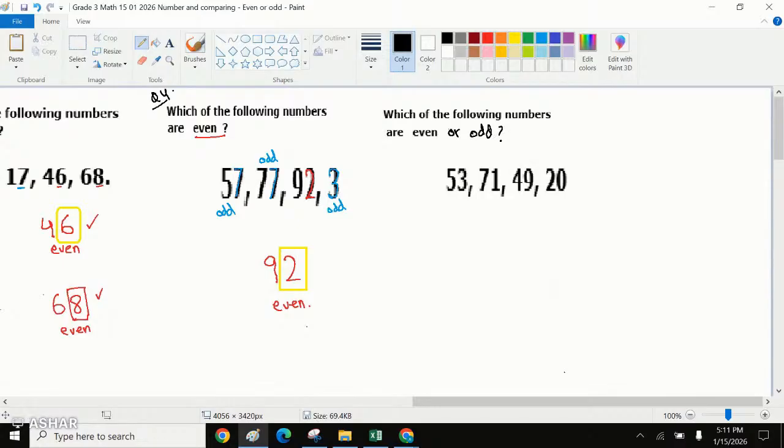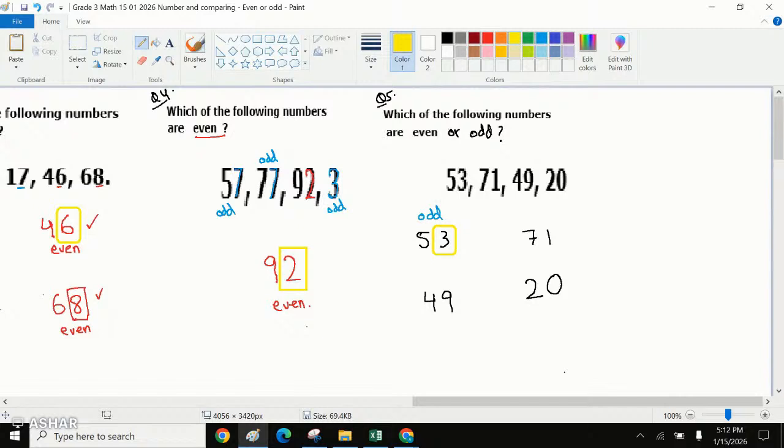So we would try to find for either of the numbers. Question number 5. We have the numbers 53, 71, 49, and 20. So 53, we know that 53 ends with a 3, and anything that ends with a 3 is always odd.